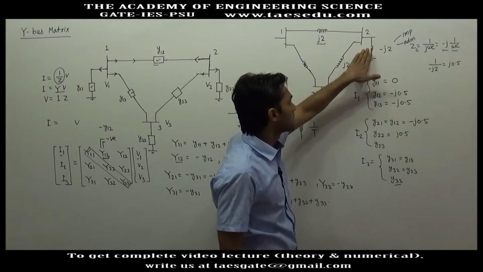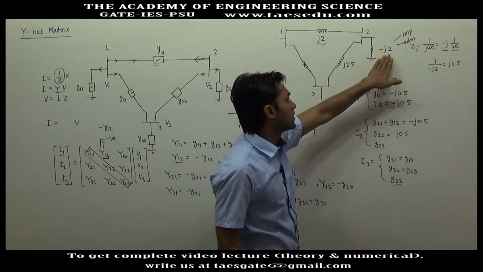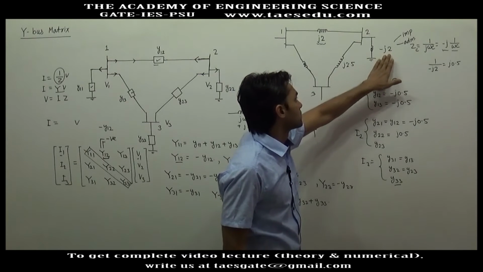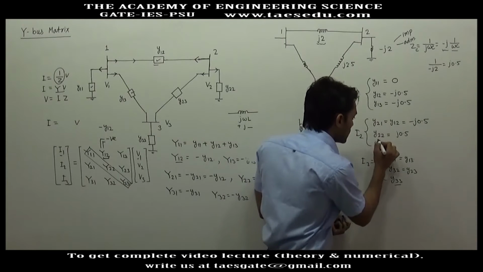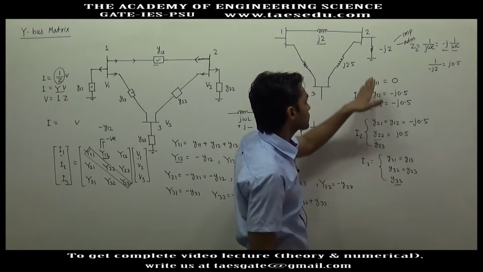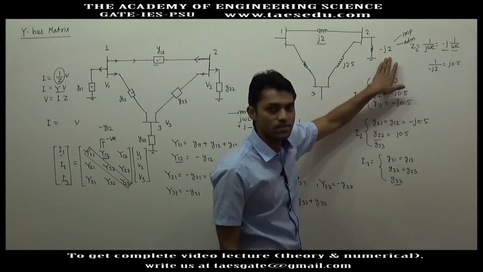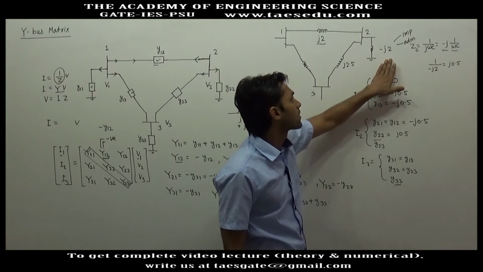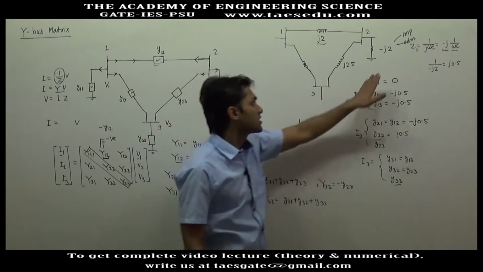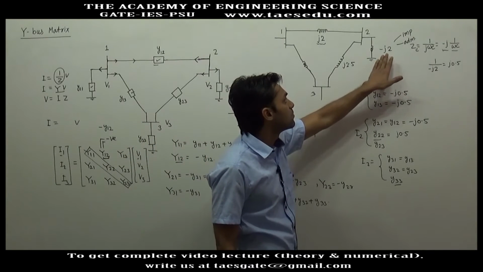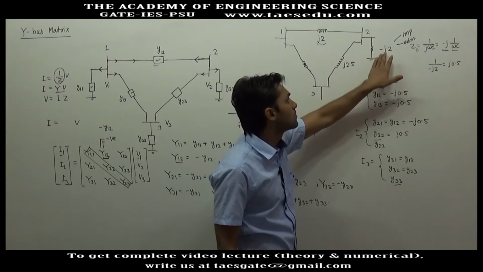I just changed capacitor to inductor and maintained everything else constant. Now what will be the value of y22? The inductor is given with a minus sign. If it was impedance, then the impedance of an inductor would be plus j.